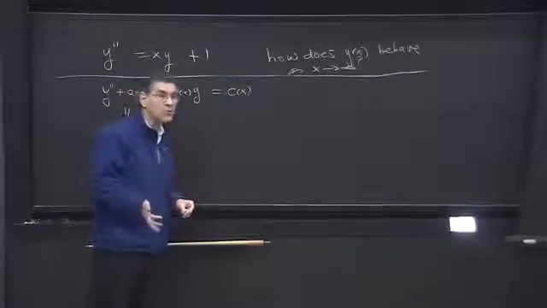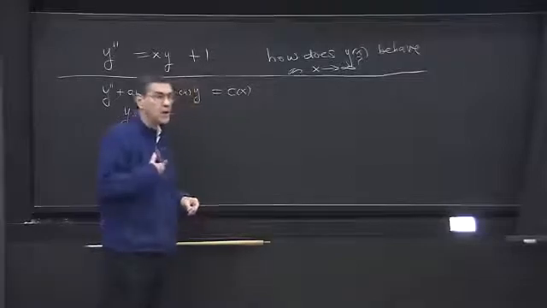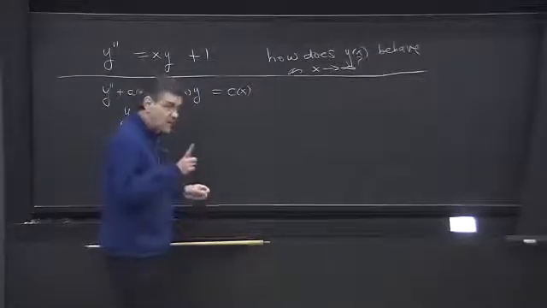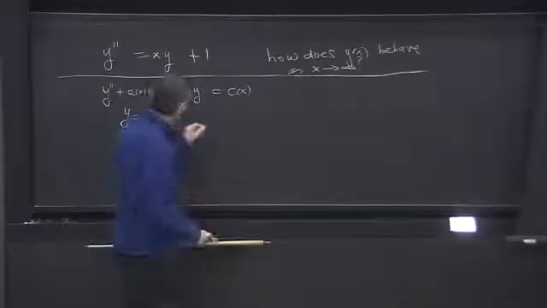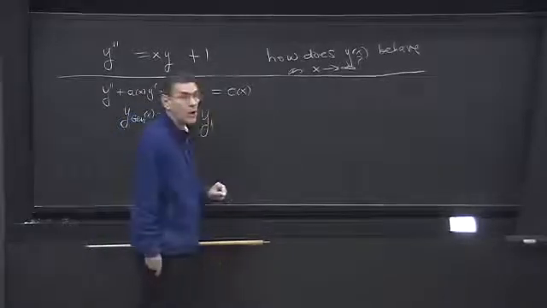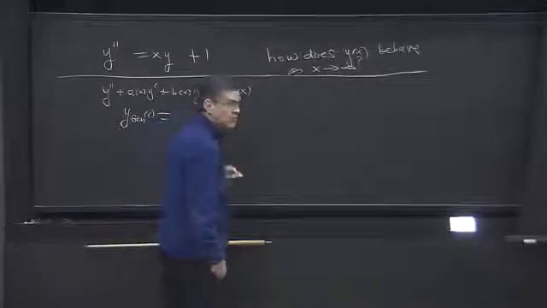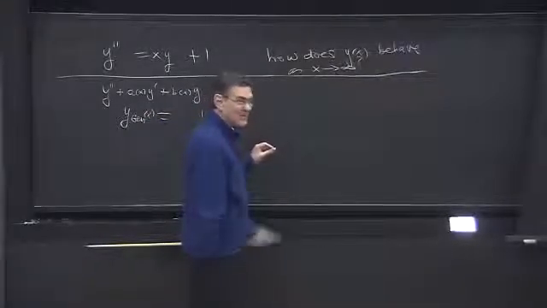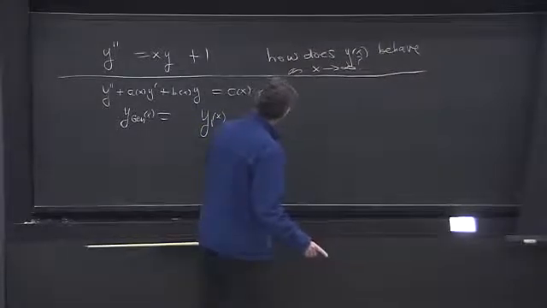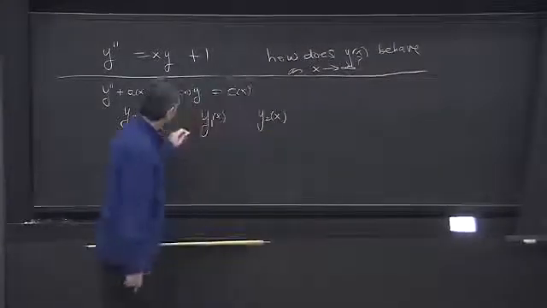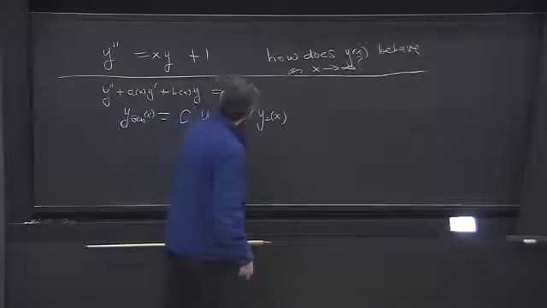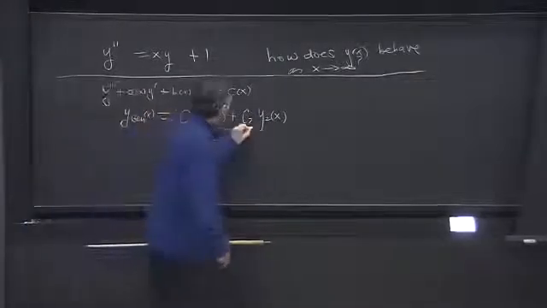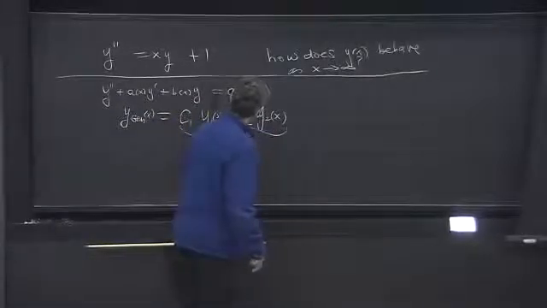So the most general solution to the homogeneous differential equation is a linear combination of those two solutions. We'll call one of the solutions y1. We'll call the other solution, amazingly, y2. Then you take a linear combination, c1y1 + c2y2. And this is the most general solution to the homogeneous differential equation.